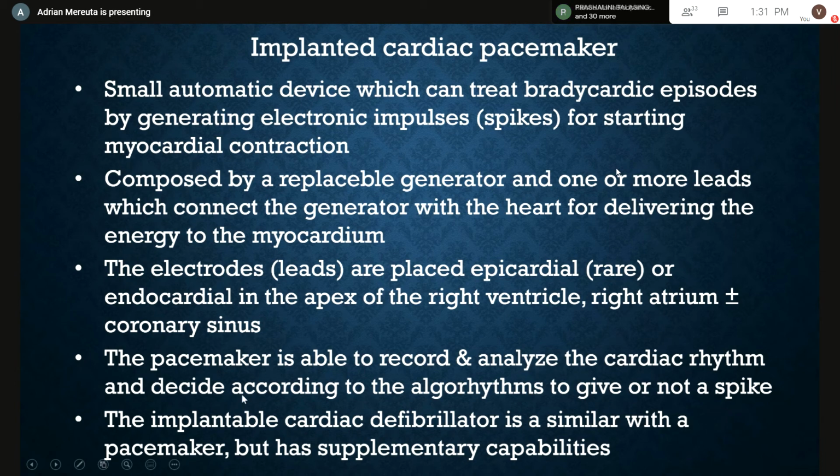There is a more advanced development of this pacemaker, which has another option, to give a shock to the heart. It's called an implantable cardiac defibrillator. It's a pacemaker, but with something else which can give a shock when the patient has a malignant arrhythmia.